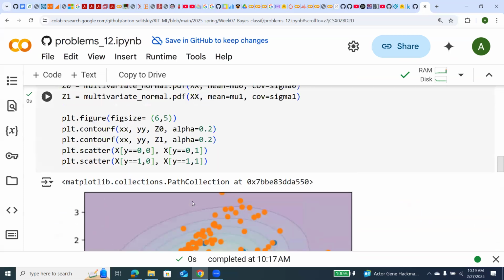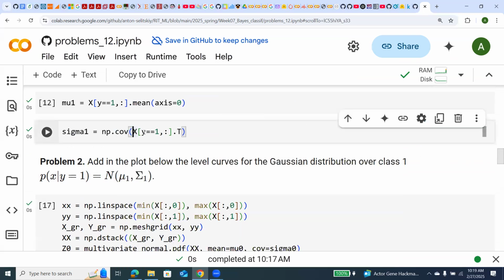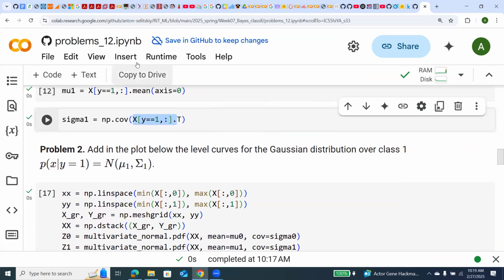So to calculate the covariance matrix, we used the entire matrix X. In case of naive Bayes, we assume that the probability of X, and X has two components, x1 and x2, given class, but I will skip that now just to make it more clear.